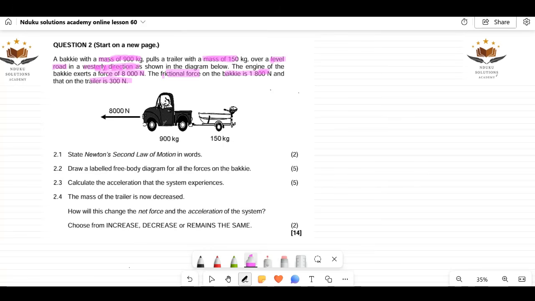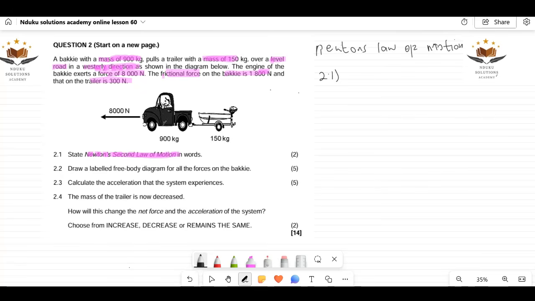Okay, let me just use a different color and the highlighter. Newton's law of motion. Remember, this topic was also studied in grade 11. So straight to 2.1. State Newton's second law of motion.